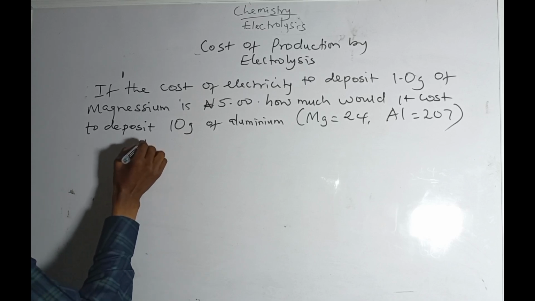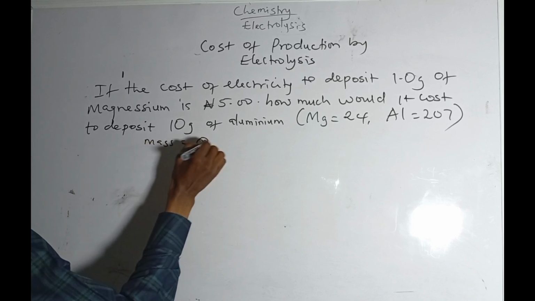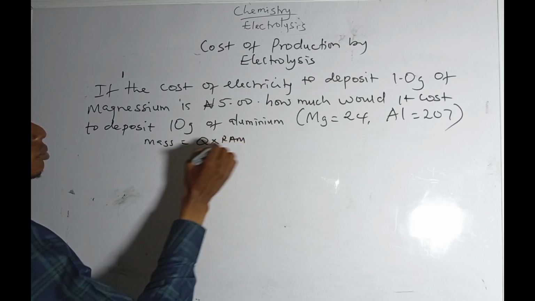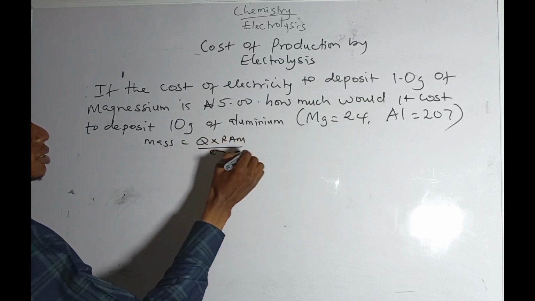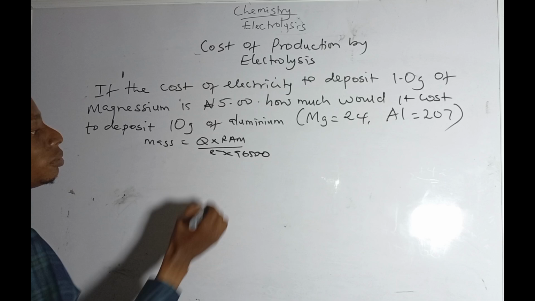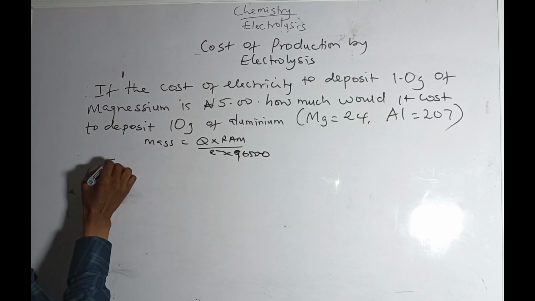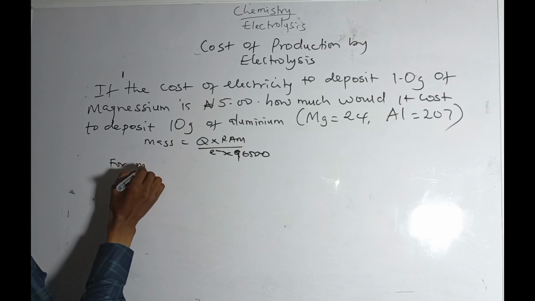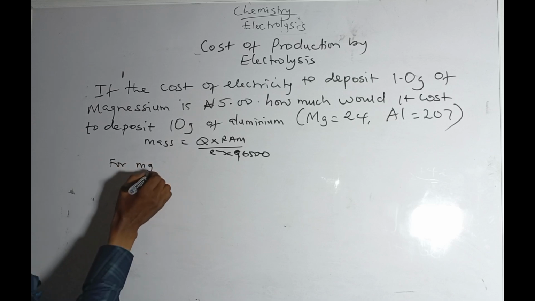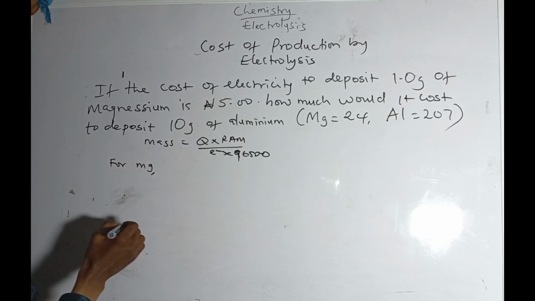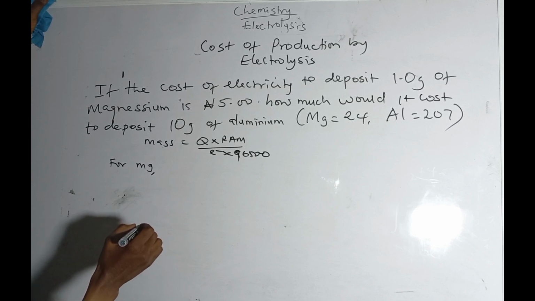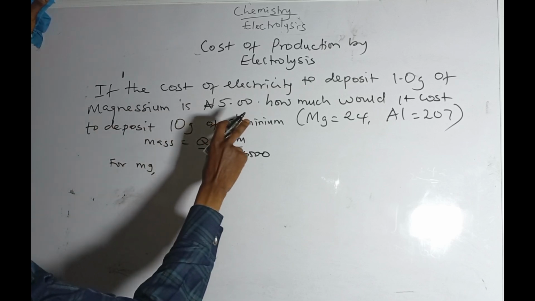There's a formula I gave you before. Mass equals Q times RAM over E minus times 96500. For magnesium now, what is the mass of magnesium?